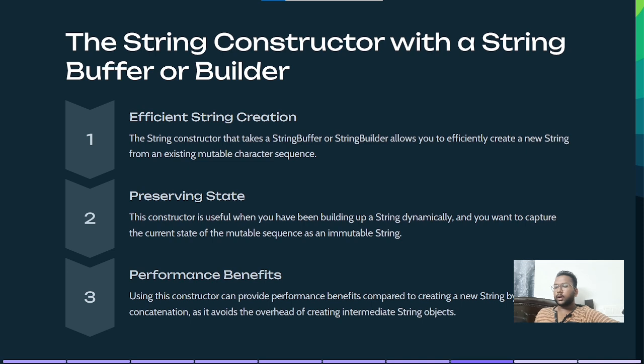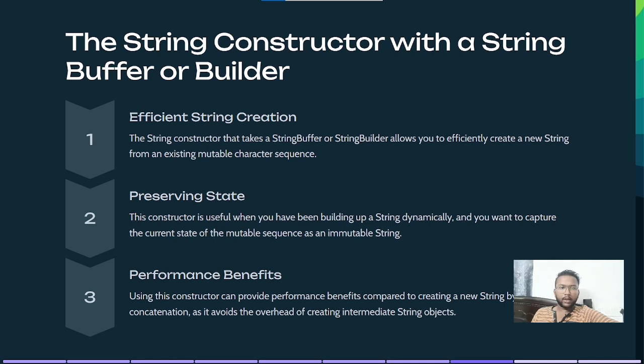Coming to the string constructor with a string buffer and string builder. Efficient string creation: the string constructor that takes a string buffer or string builder allows you to create a new string from an existing mutable character sequence. Preserving state: this constructor is useful when you are building a string dynamically and you want to capture the current state of the mutable sequence as an immutable string.